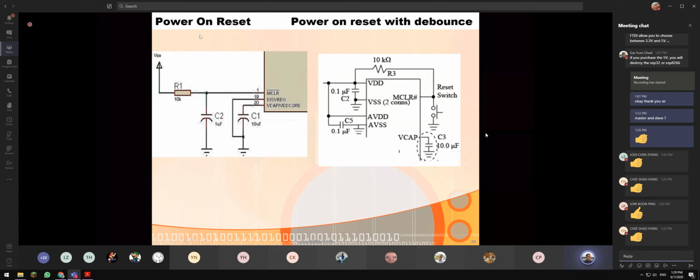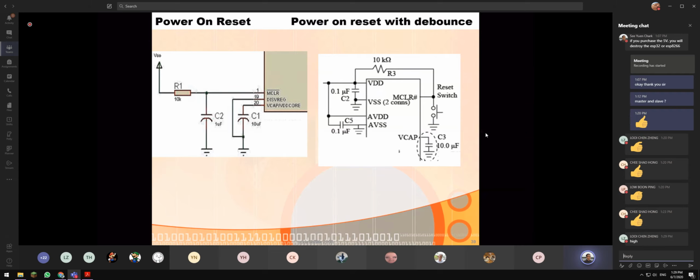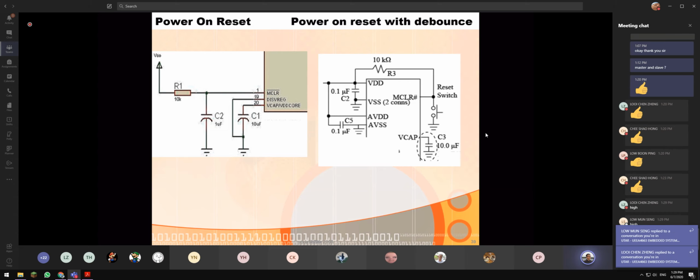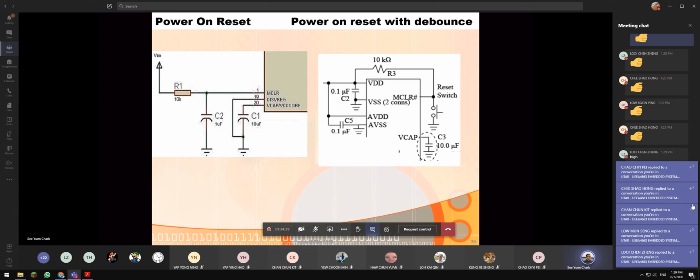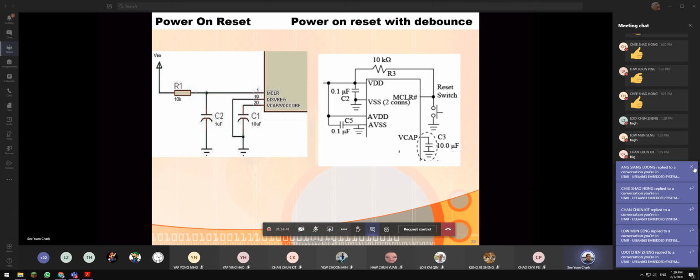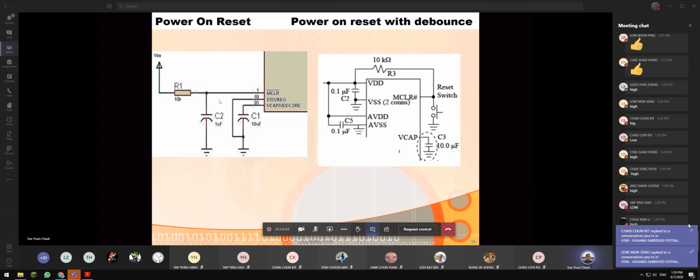When power on, can you tell me what happens to the MCLR? High or low? When power on, is the MCLR high or low? Why high?